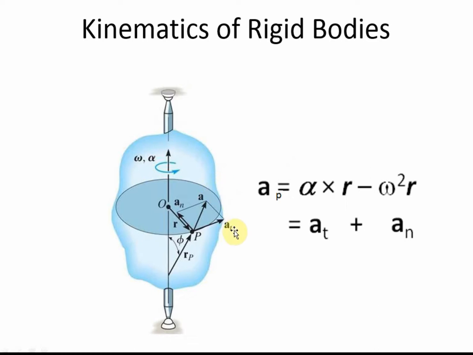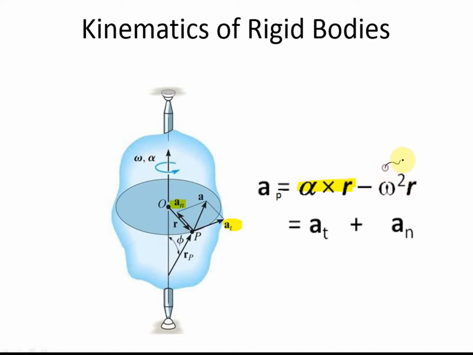And if you think about acceleration though, acceleration has two different components. One component is the tangential component, and the other one is the normal component that's always directed to the center. The tangential component can be expressed by alpha cross product r vector, and the normal component is omega square r vector.